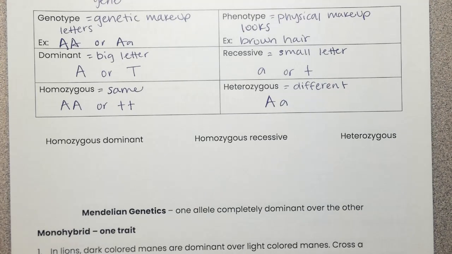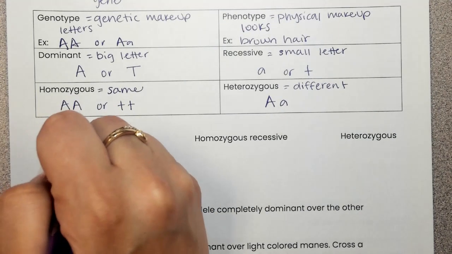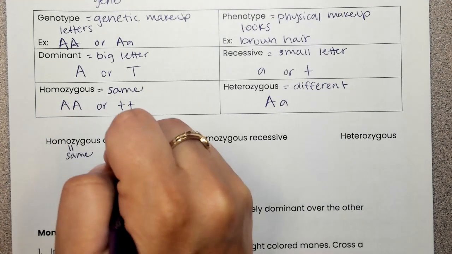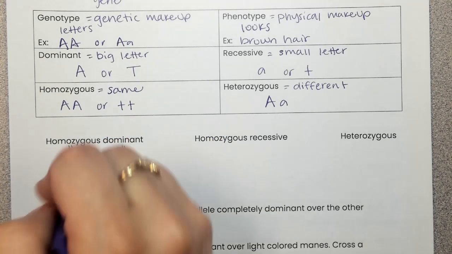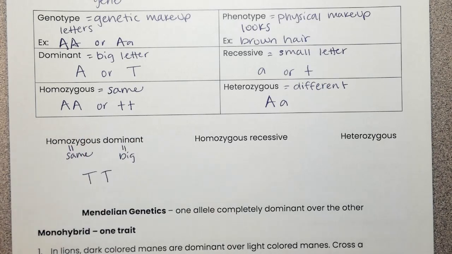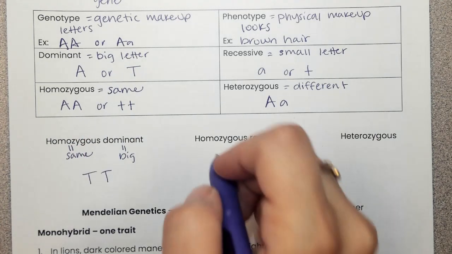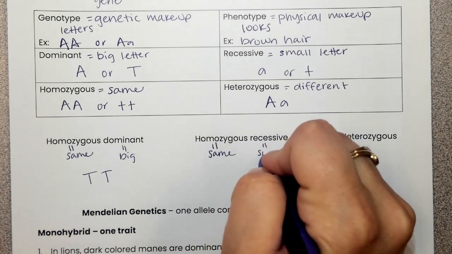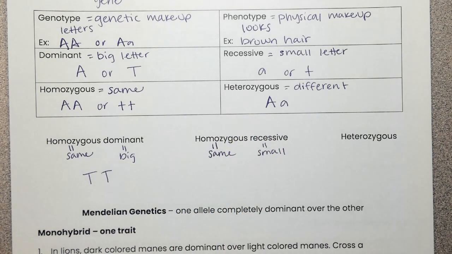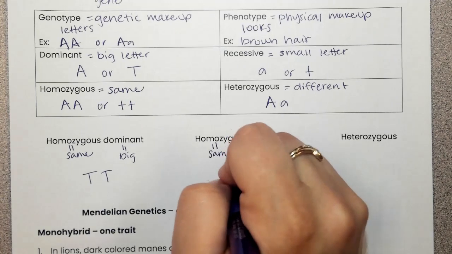Now if we put this together, homozygous dominant: homo means same, dominant means big, so that means we have 2 big letters, like big T, big T. Homozygous recessive: again homo means same, recessive means small, so now we have 2 little letters, like little t, little t.